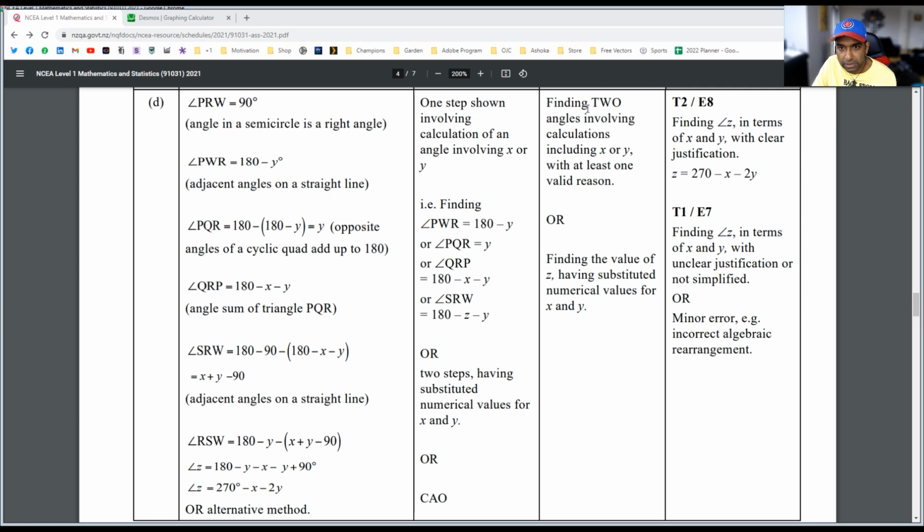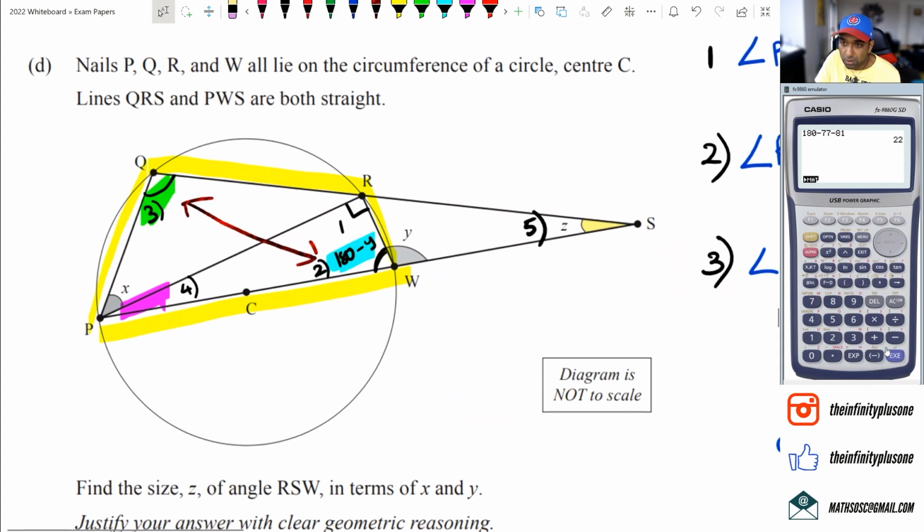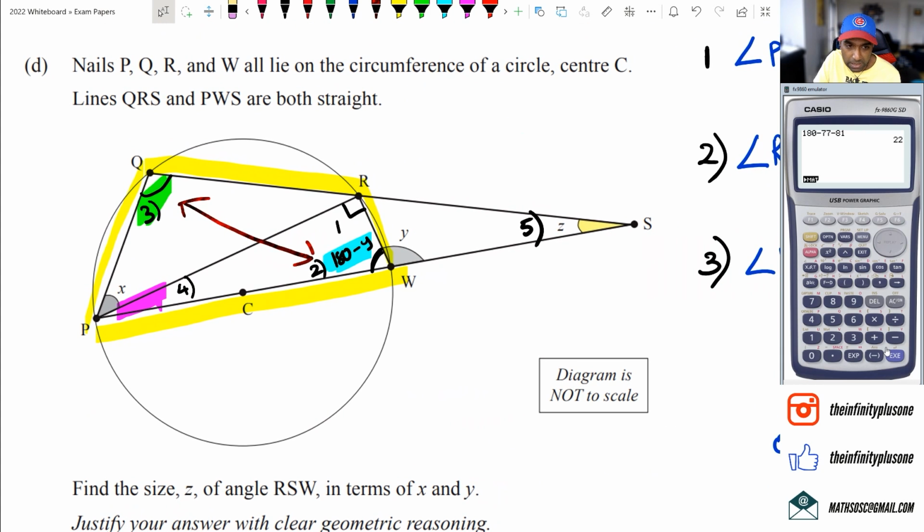For merit, you need two angles involving calculations with one reason. That's two answers and one reason. Or you've got the value of Z having substituted numerical values. That's what I mean by numerical values. So if we go back to the question, where is this? You might have decided, look, I don't want to work with letters, I'm just going to put some numbers in here.